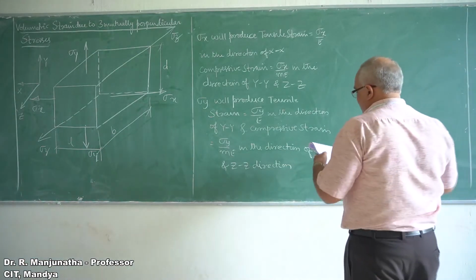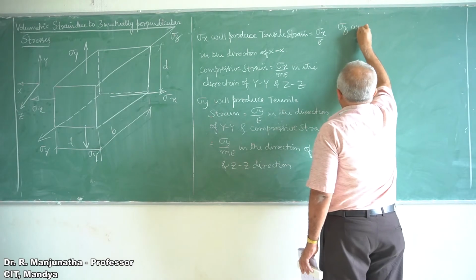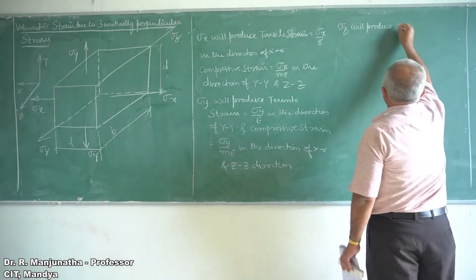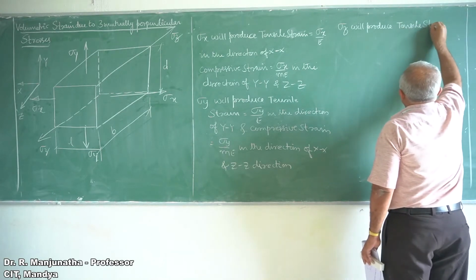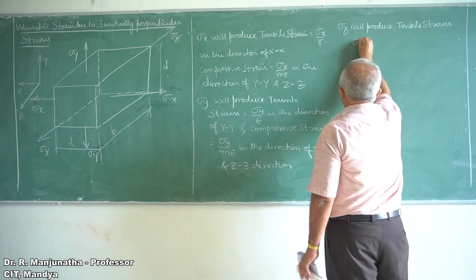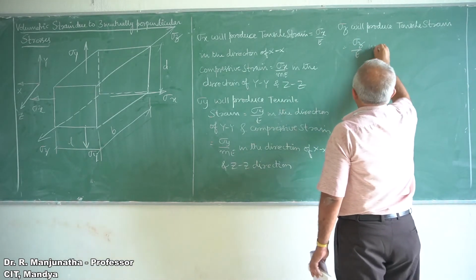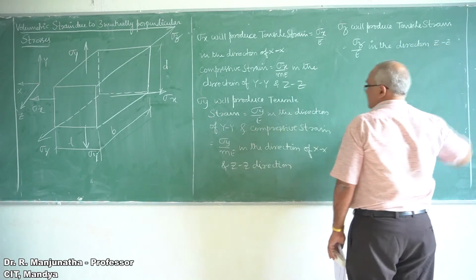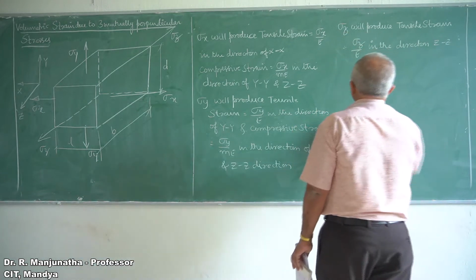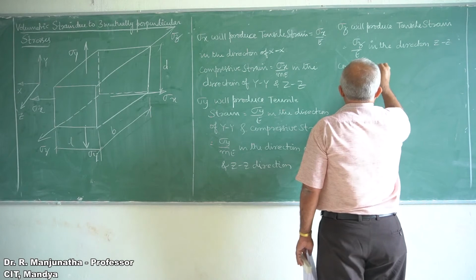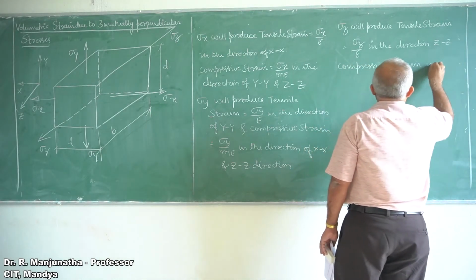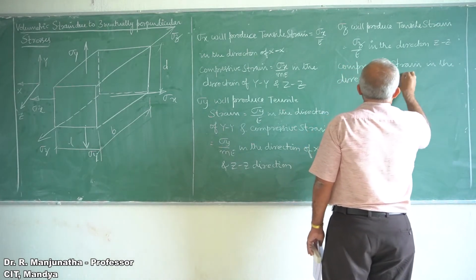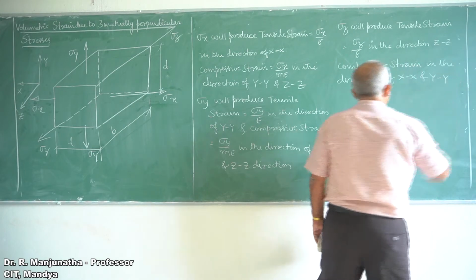So similarly, sigma z will produce tensile strain which will be equal to sigma z by E in the direction of zz, and compressive strain in the direction of xx and yy. So this is how it is going to act.